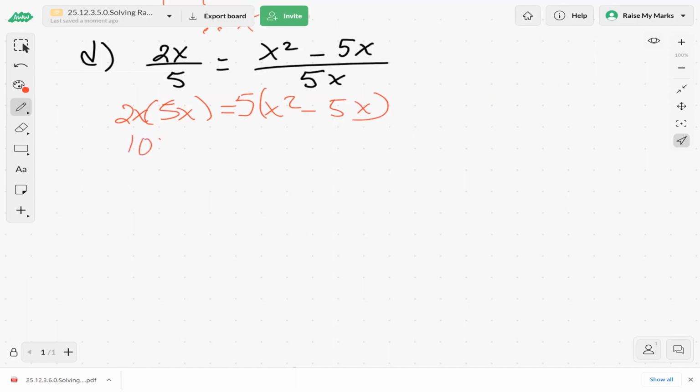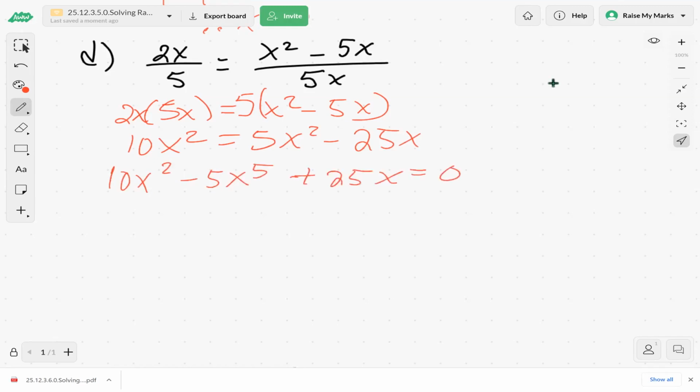We get 10x squared on the left-hand side equals 5x squared minus 25x. Let's bring everything over to one side of the equal sign. How about onto the left-hand side? 10x squared minus 5x squared plus 25x equals 0. Let's group like terms. 5x squared plus 25x equals 0.